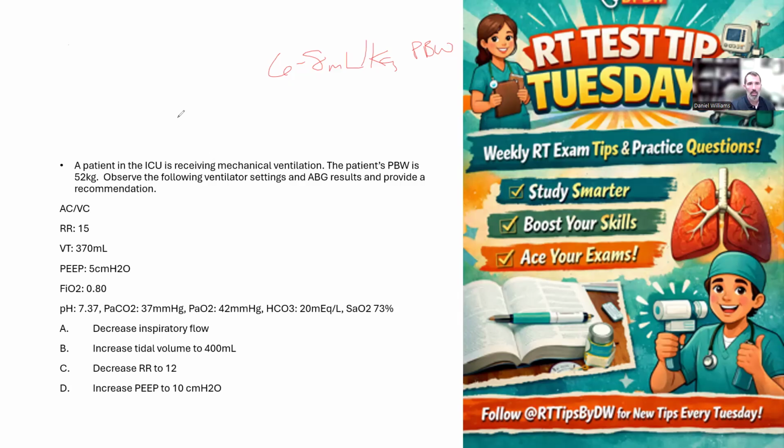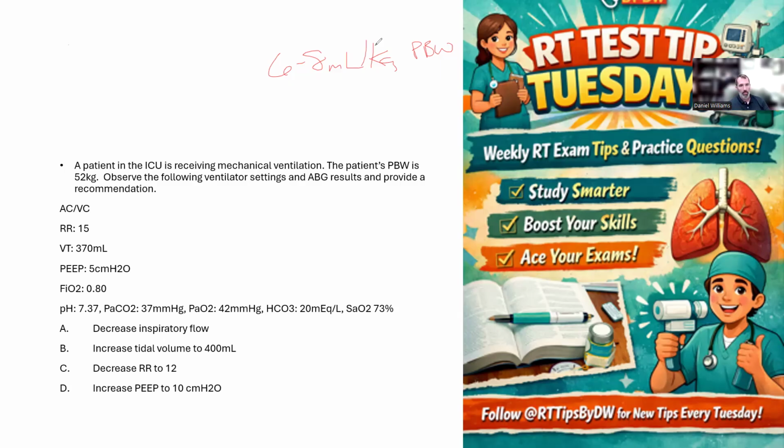So the first thing that I can look at is that tidal volume range. Is it appropriate for this individual? So if I grab my calculator, and I'm utilizing 6 to 8 milliliters per kilogram of predicted body weight, the patient weighs 52 kilograms.